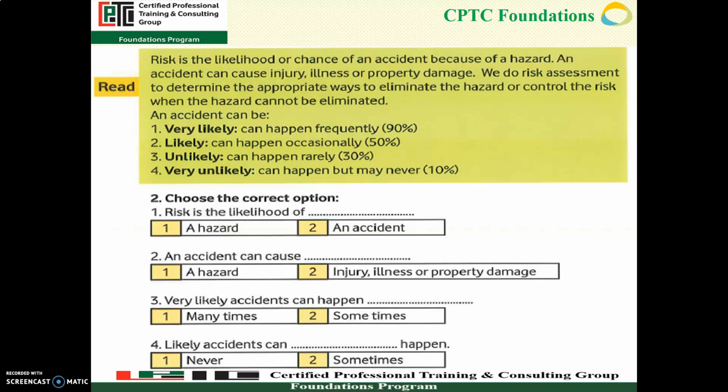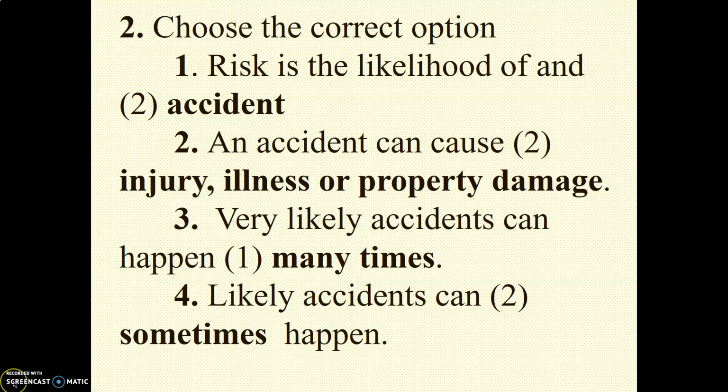Number three, very likely accidents can happen many times or sometimes. And the last question, number four, likely accidents can never happen or can sometimes happen. So I'll give you a few minutes to answer the questions and then we'll see them together.